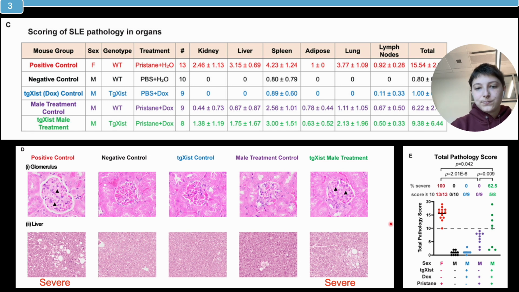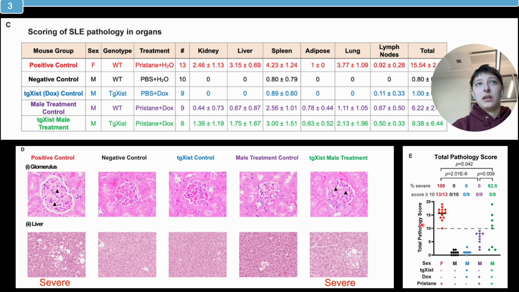And so they chose a cutoff of pathology score of 10 to say if something was severe or not. And so they chose these mutant males, our test group, as severe.